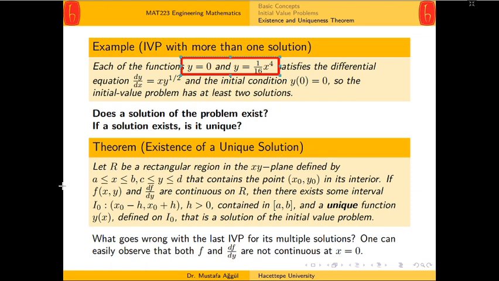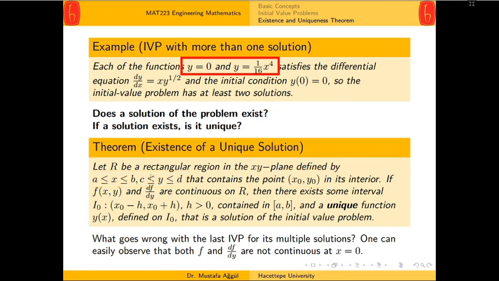Existence of a unique solution. Let R be a rectangular region in the xy plane defined by this, and it will contain x naught, y naught in the interior.